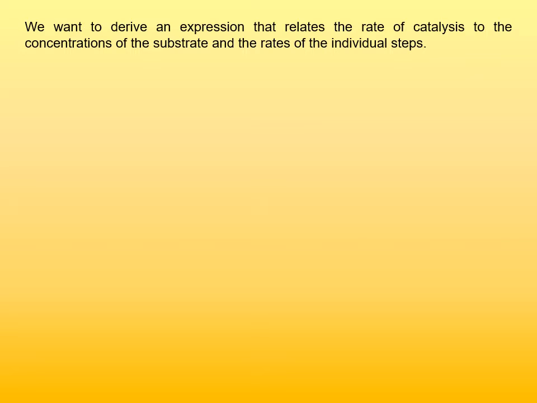So we want to derive an expression that relates the rate of catalysis to the concentration of the substrate and the rates of individual steps. The initial rate equals the constant K2 multiplied by the concentration of enzyme-substrate complex. That's the equation for the rate of the second step. Now the expression for the rate of formation of the enzyme-substrate complex is K1 multiplied by the concentrations of enzyme and substrate.